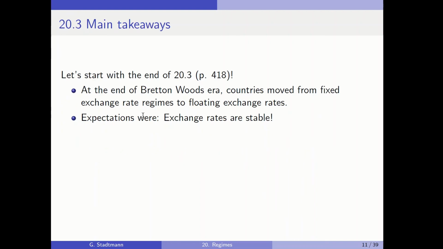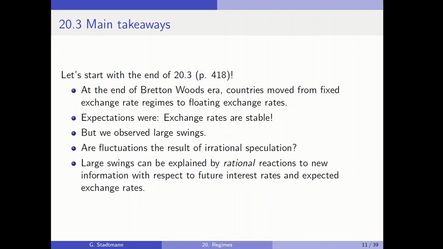In the end of this subchapter, the authors talk about the end of the Bretton Woods era, where countries moved from fixed exchange rate regimes to floating exchange rate regimes. The expectations were that exchange rates would be relatively stable. But we observe very huge swings in the exchange rates.